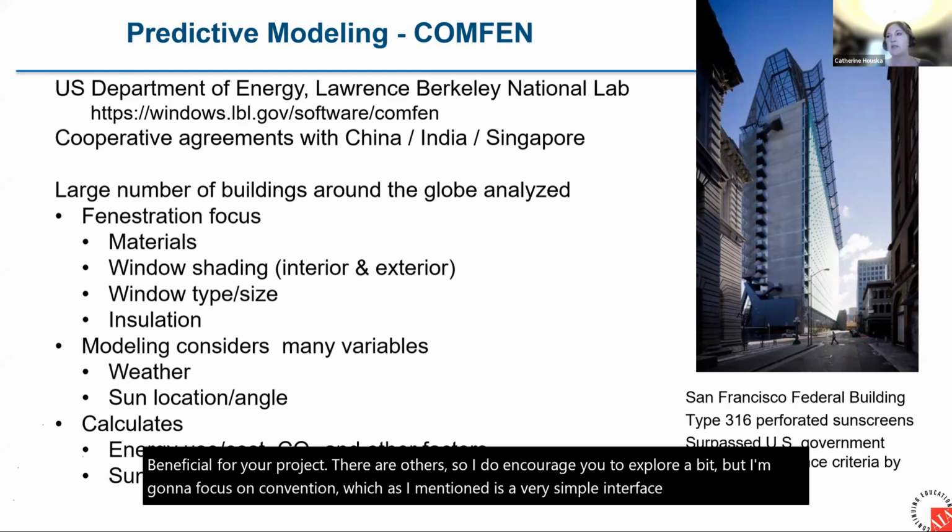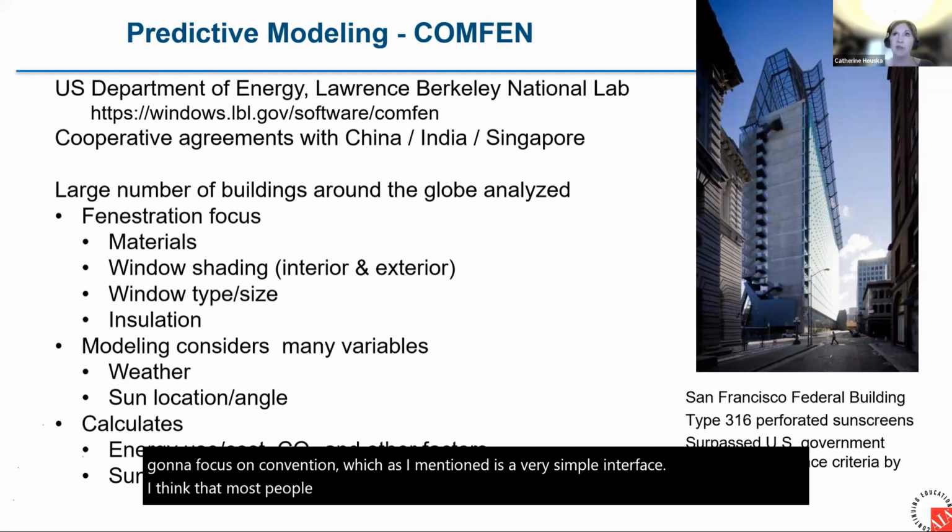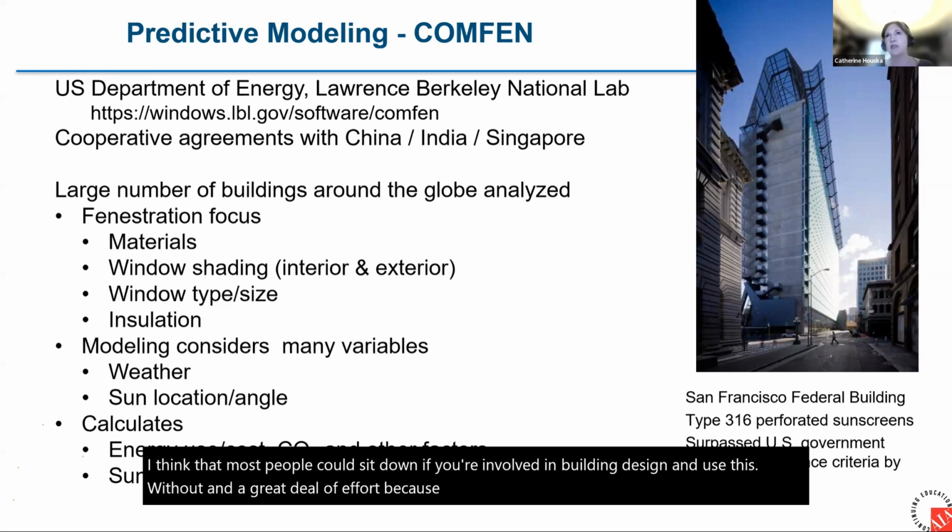I think that most people involved in building design could sit down and use this without a great deal of effort because they have made it simple.